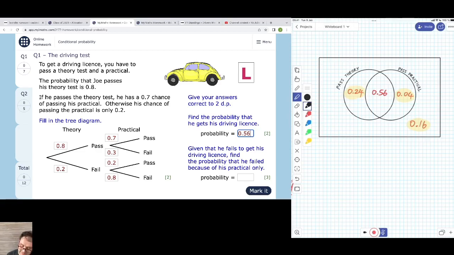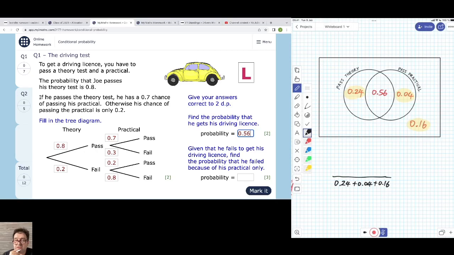So the probability calculation is going to be out of the 0.24 plus 0.04 plus 0.16, because we know he's somewhere in that. We know he's not in the bit where he passed.